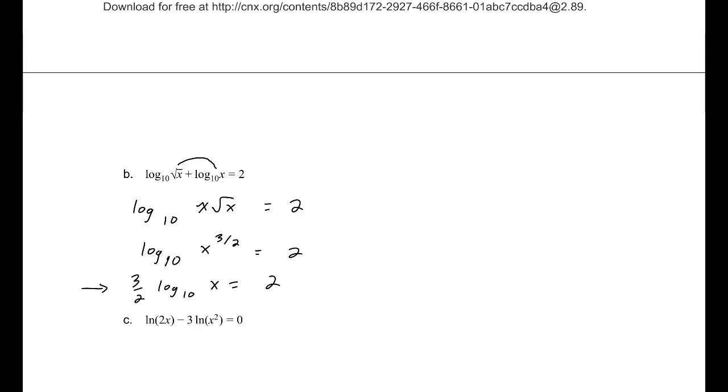And then multiplying by 2/3, that means log base 10 of x is equal to 4/3. Now I can write this in the exponential form, which is 10 to the 4/3 equals x. And that's as far as I need to go because that is my value of x.